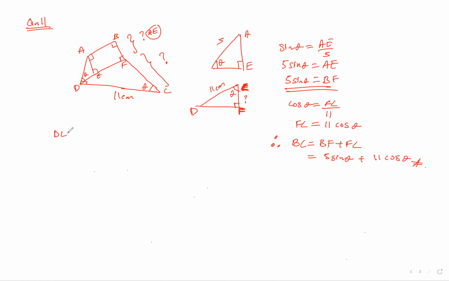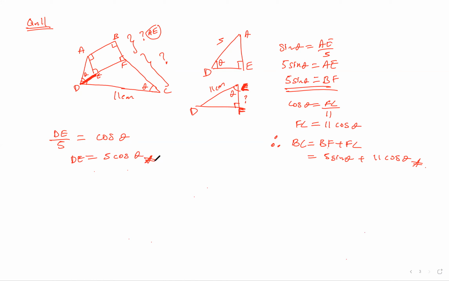You need to find what is your DE, this one. DE is A, right? So A over H is equal to cosine theta. So DE is equal to 5 cos theta.